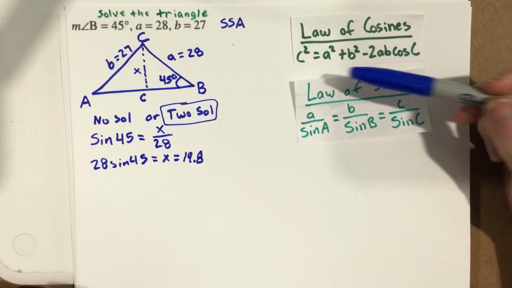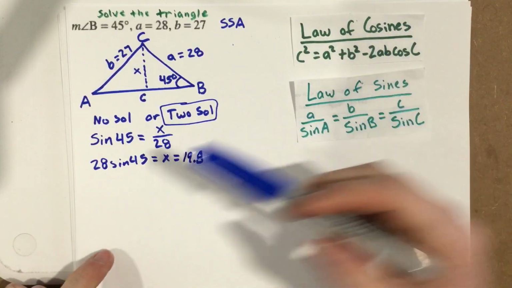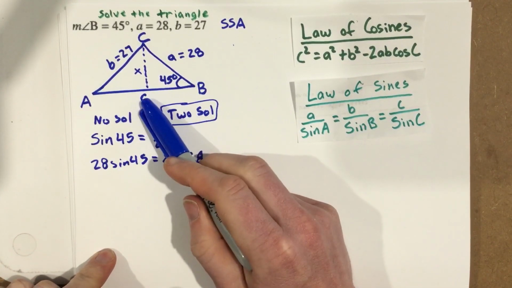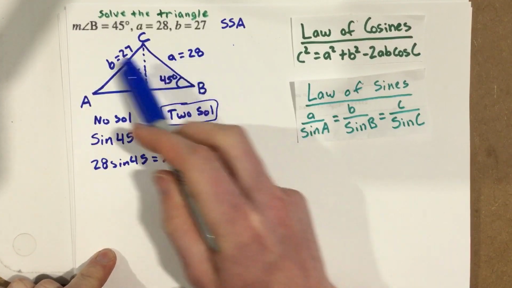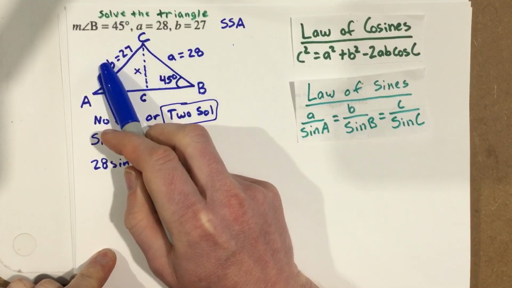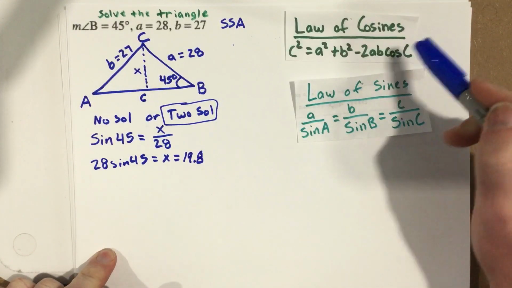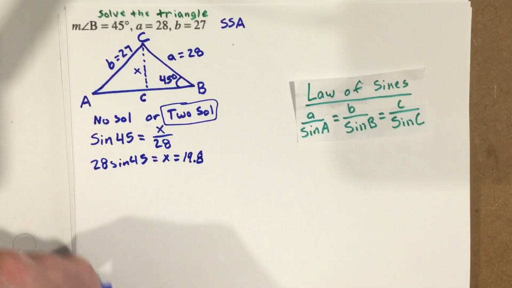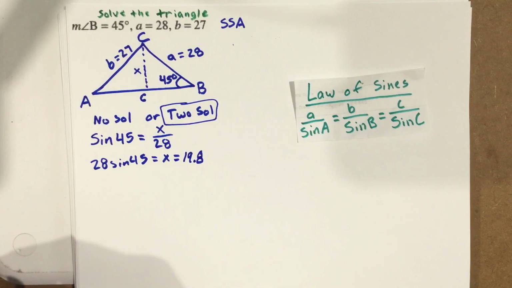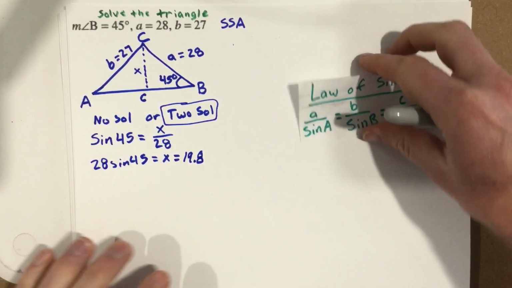Law of cosines says c squared equals a squared plus b squared. We don't have c, so that could be something we could find. We do have a and b, which is good, but guess what? We don't have the angle for c either. That's why law of cosines doesn't work here. So we're going to put that away, and we're just going to look at law of sines.